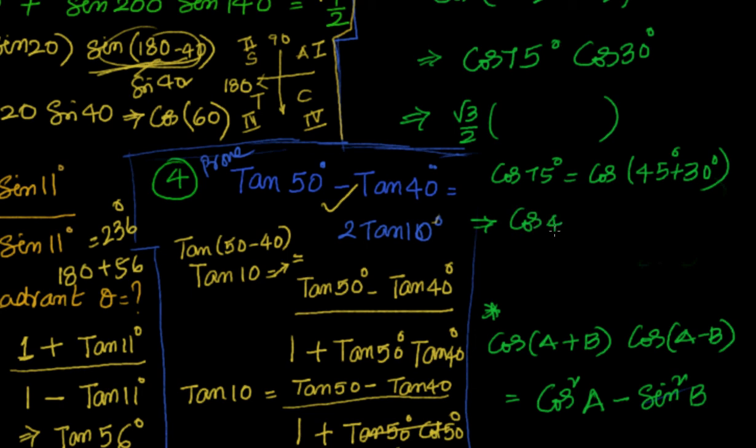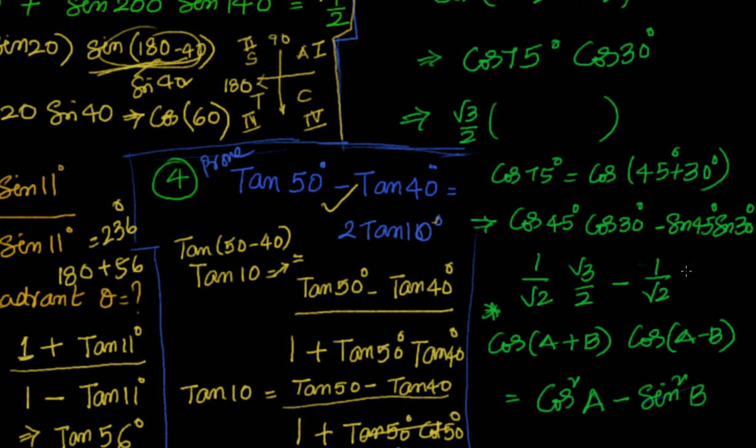Cos A cos B minus sin A sin B, because A is 45 and B is 30. So cos 45 cos 30 minus sin 45 sin 30. Cos 45 is 1 by root 2, cos 30 is root 3 by 2, sin 45 is 1 by root 2, sin 30 is 1 by 2. If I simplify this, it is root 3 minus 1 by 2 root 2. So the whole answer is 3 minus root 3 by 4 root 2.